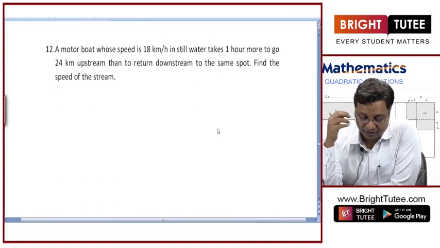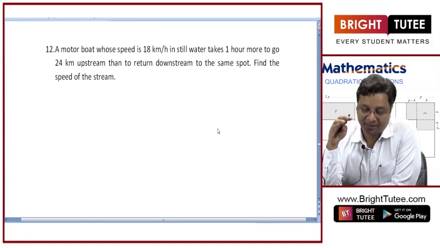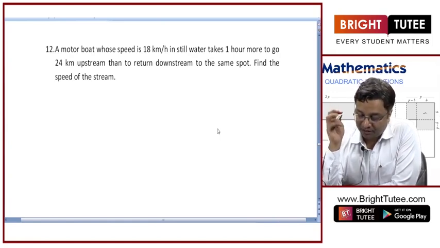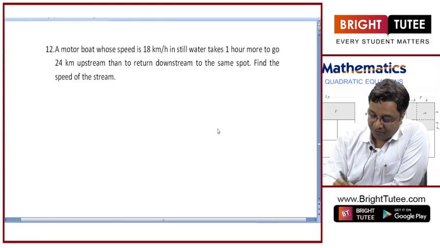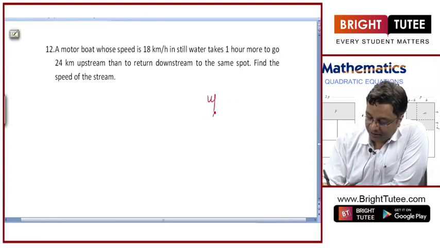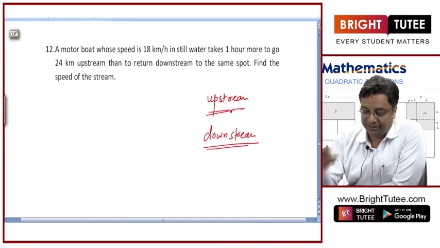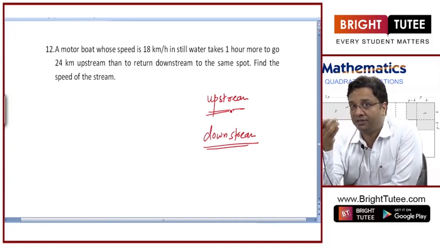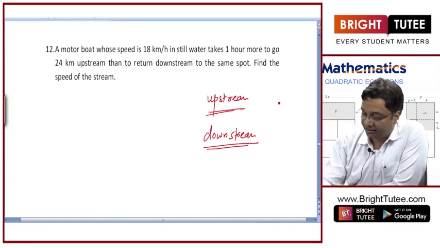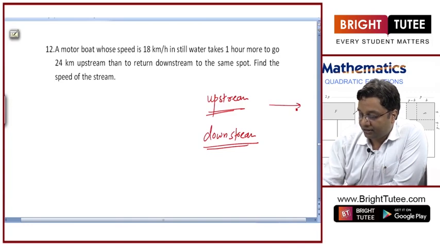Okay, let's look at this one. This is a question involving the speed of a stream and upstream and downstream. So you learn this concept here. What is upstream? Upstream and downstream. Let's say the stream or the river is flowing in a particular direction. Let's say the river is flowing in this direction.